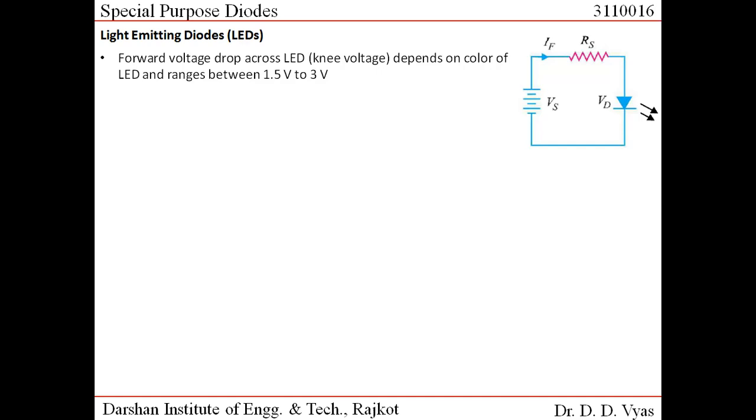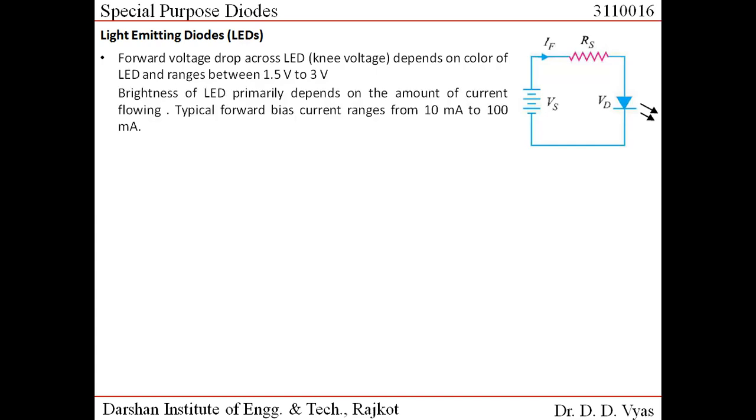The intensity of the light emitted by an LED, which we call the brightness of the LED, depends primarily on the amount of current passing through it. Typically, a forward bias current to give sufficient brightness ranges from 10 milliamperes to 100 milliamperes.